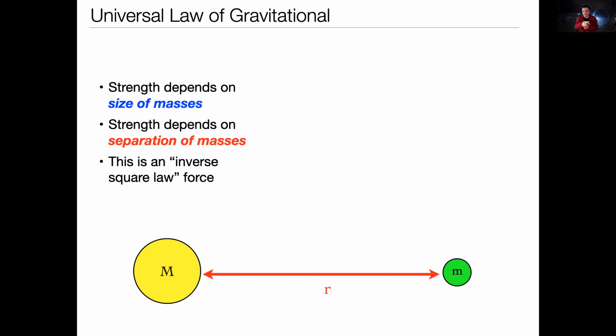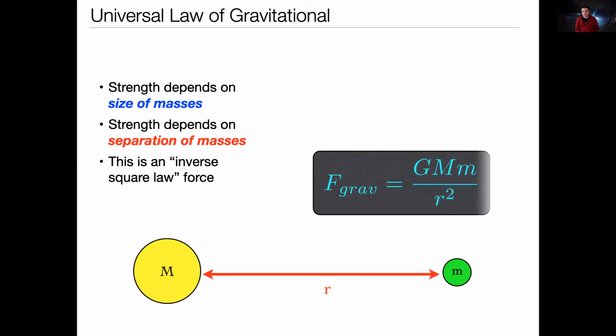What matters here is the separation between them, and I've drawn this as the separation between the masses. Technically, it should be the separation between the centers of the two masses, but it made the diagram a little bit cleaner if I did it this way. So if I use these values, big M for one mass, little m for the other mass, and R for the separation between the two masses, then the universal law of gravitation can be written in the following way.